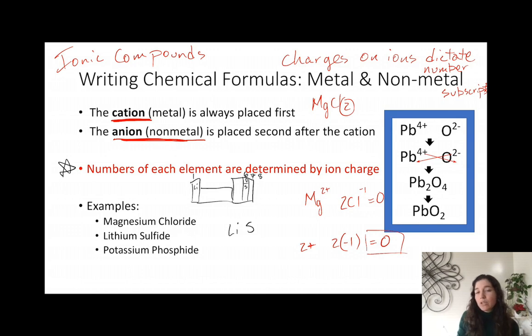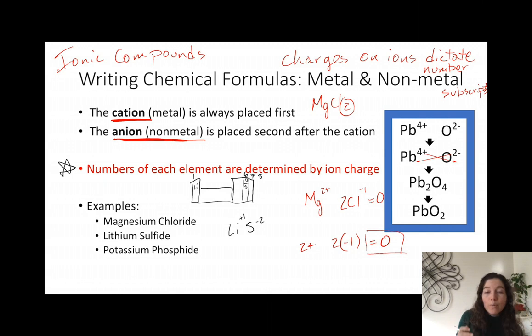So in order to achieve an octet, it's going to gain 2 electrons. So sulfur has a -2 charge on it. Lithium will want a +1 charge. +1, -2. So what we want to do is take those charges and see how we can make them add up to 0.